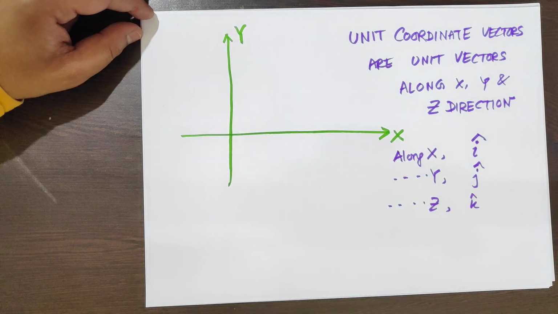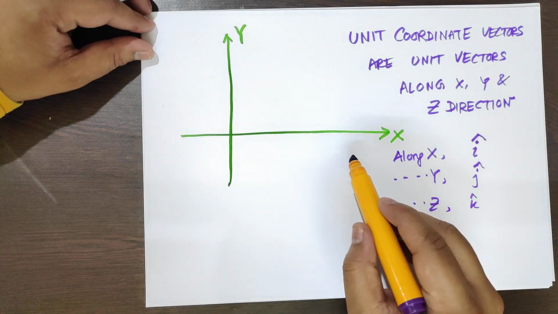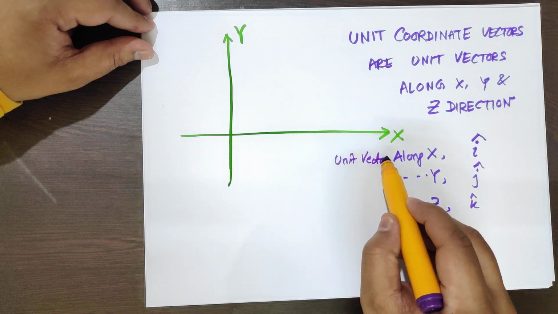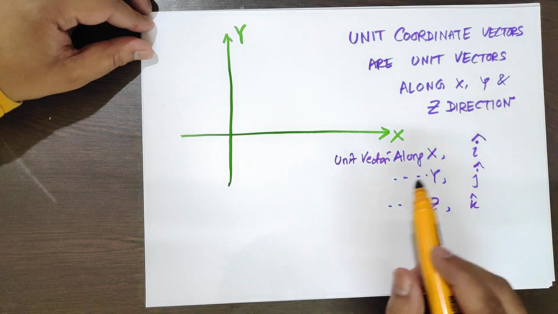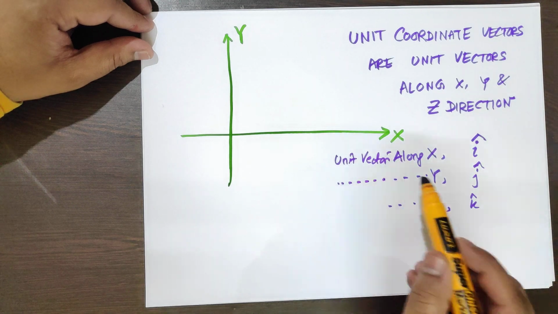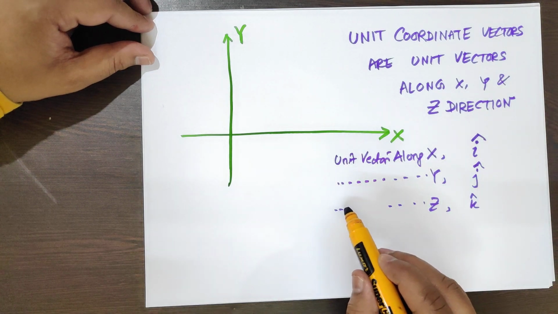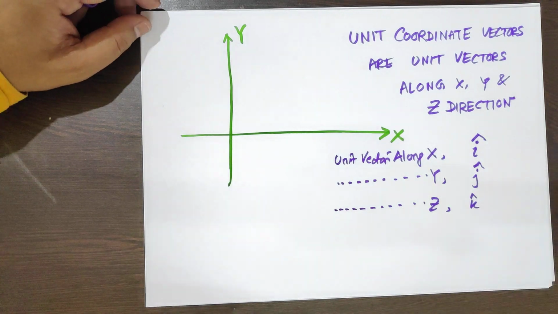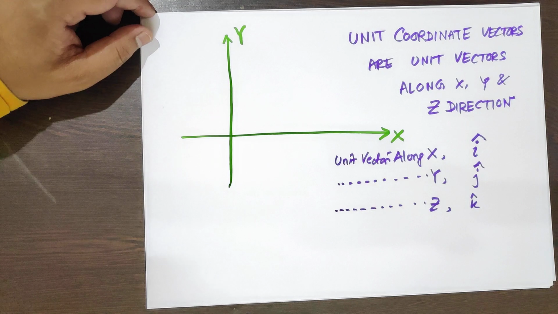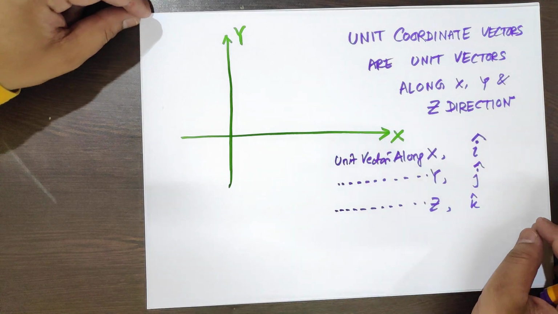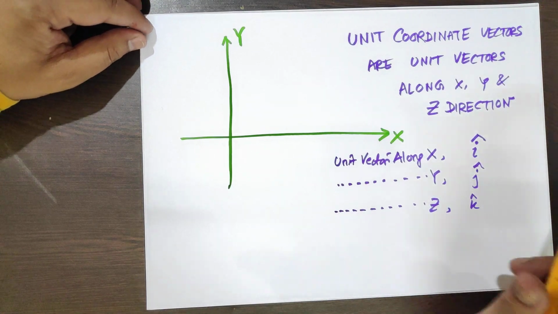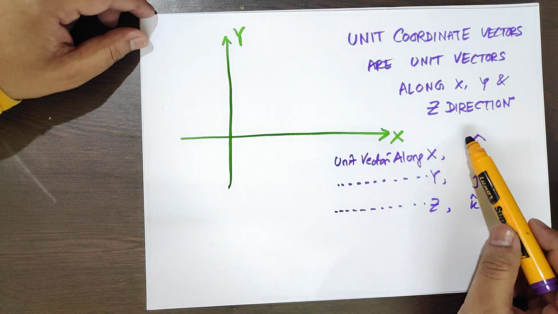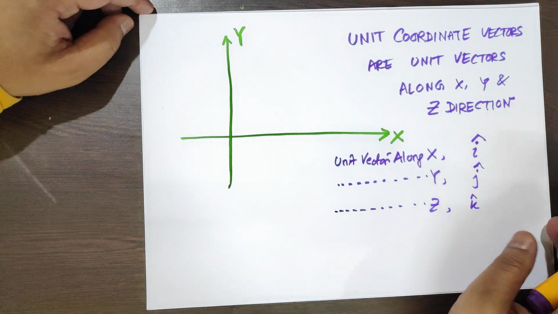Okay, so unit vector along x is I cap, unit vector along y is j cap, unit vector along z is k cap. This is how they are denoted. So in some books you will find x cap, y cap and z cap, or they are also called x roof, y roof and z roof. So here I will denote by I cap, j cap and k cap.